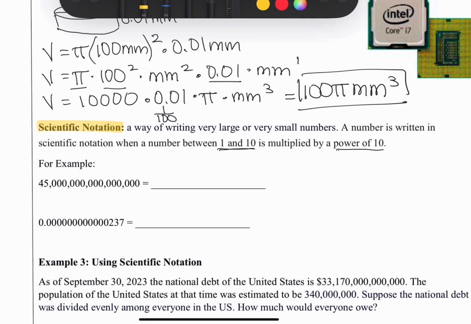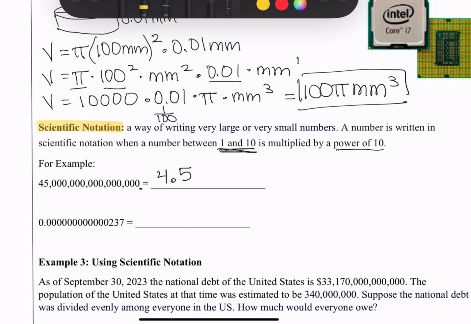So we always look to the initial numbers, or the integers, that you can find. I see 45 in the front, and I need a number between 1 and 10. So I'm going to represent that 45 as 4.5. That's a number between 1 and 10. Now the question is, my decimal was originally here.